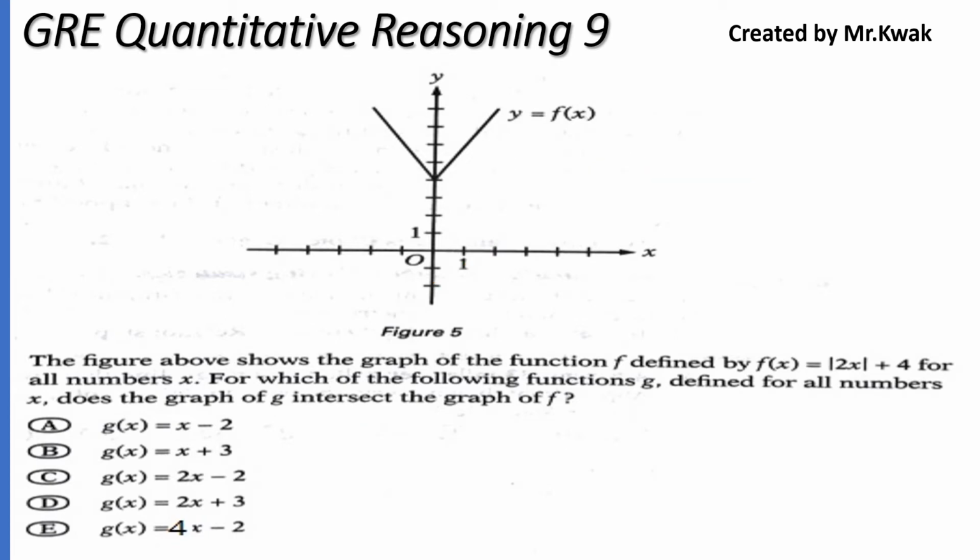What about choice B? g(x) equals x plus 3. Like choice A, the slope is 1, so it's pretty easy to draw a graph. Like this way, minus 3, plus 3. Wait a second.